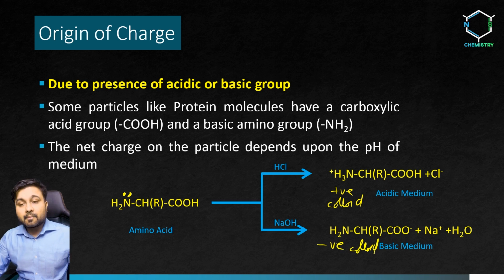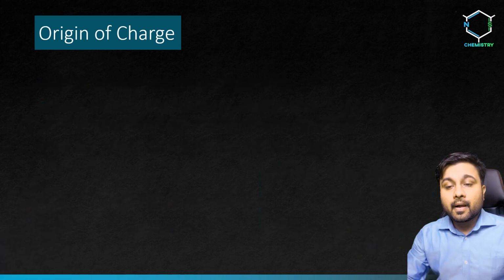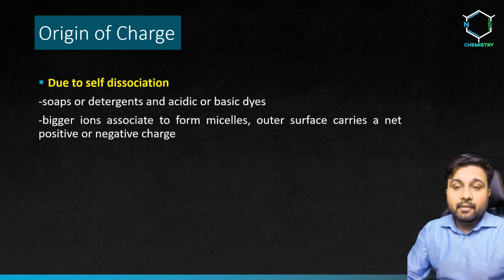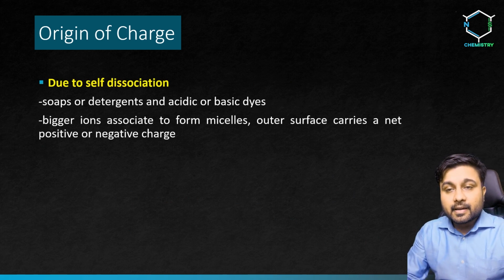So these are mostly amino acid or protein molecules when they are used to make colloids. Then the next cause of charge is due to the self dissociation of the colloidal particles. We discussed in the previous lecture that some associated colloids, which are basically soaps or detergents or acid or basic dyes, in small concentrations behave like an electrolyte.